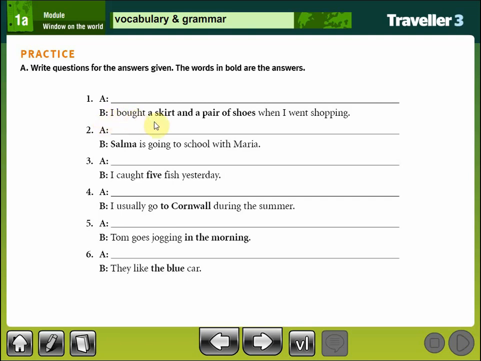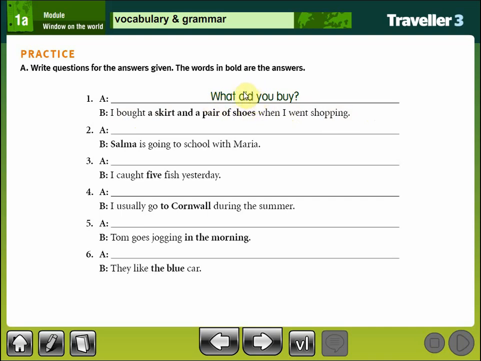So this is the object here. In object questions, we add auxiliaries, like did, are, helping verbs mainly. So what we want to ask is: what did you buy when you went shopping? What did you buy?